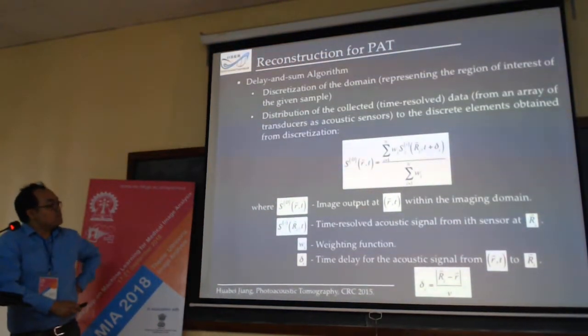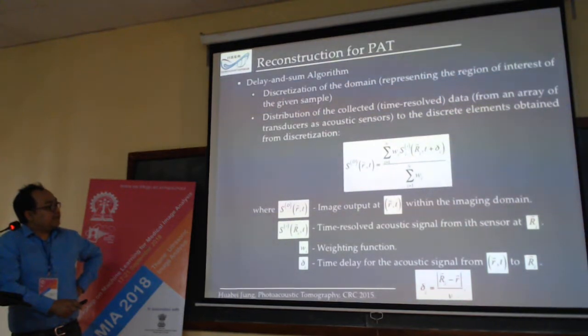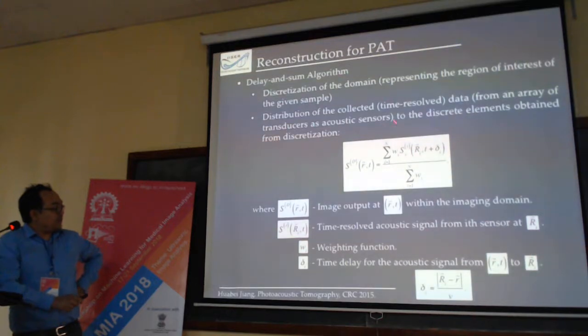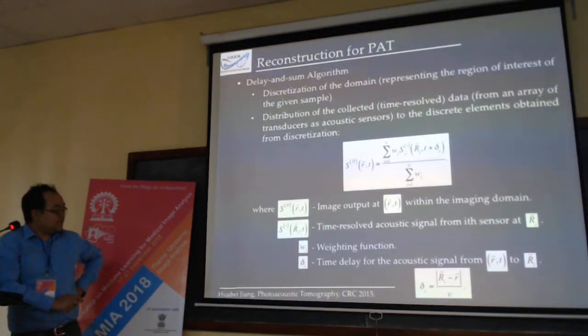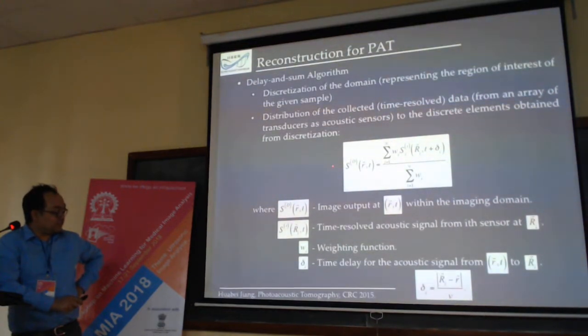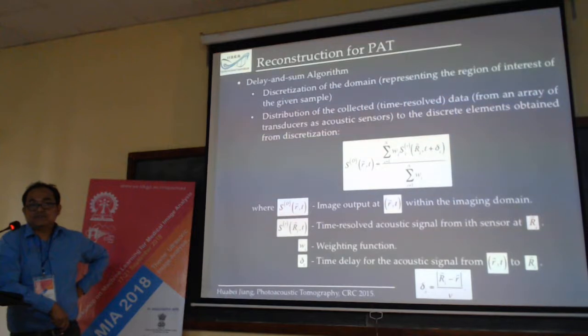So what is happening is that we have a sample, and we keep detectors all around it. We detect the time window of the photoacoustic signal emitted from the surface of the sample. From this signal, we discretize the sample and map the signal with a weighting factor.